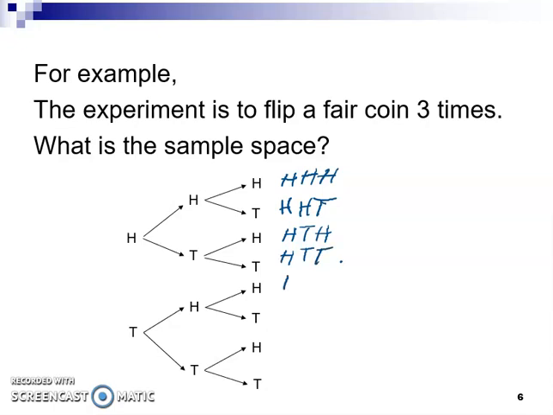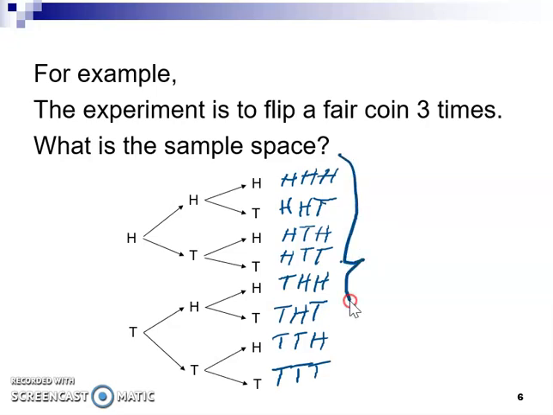Another outcome is tails, heads, heads. Then tails, heads, tails. And then tails, tails, heads. And then the last outcome is tails, tails, tails. So in flipping this coin 3 times, we have 8 outcomes in our sample space.